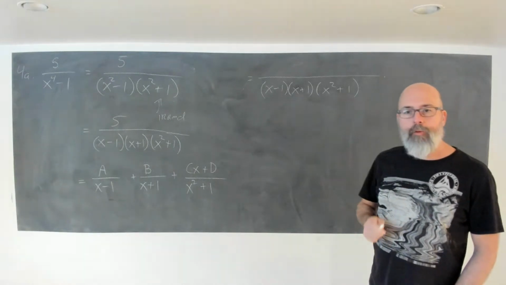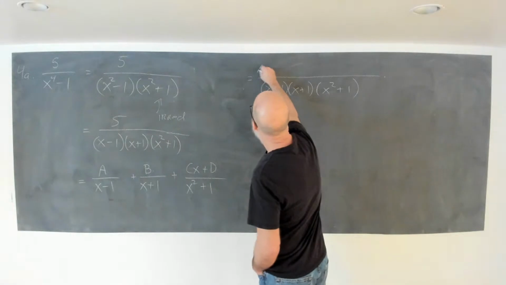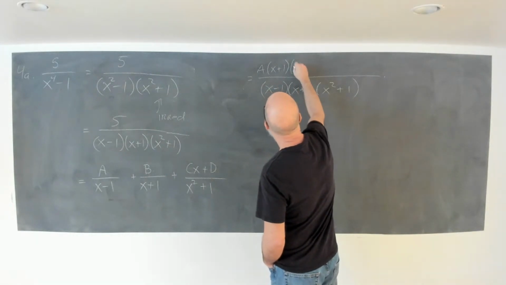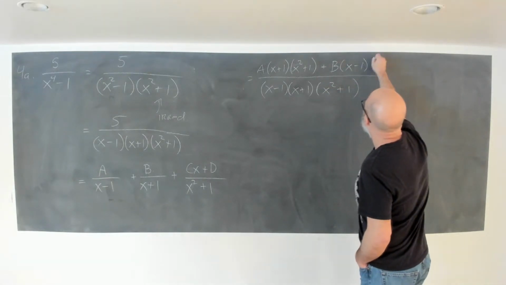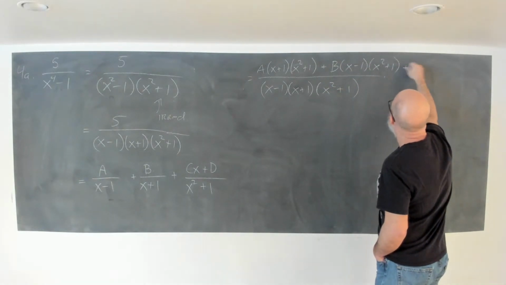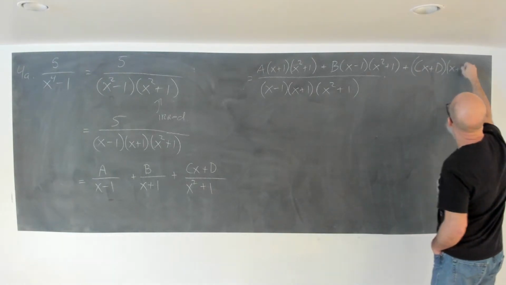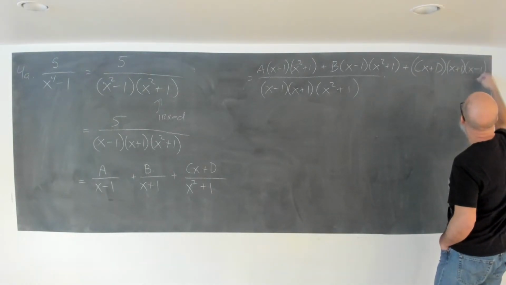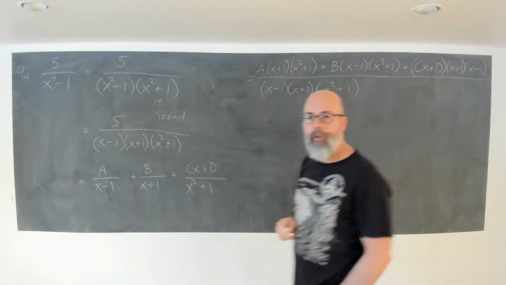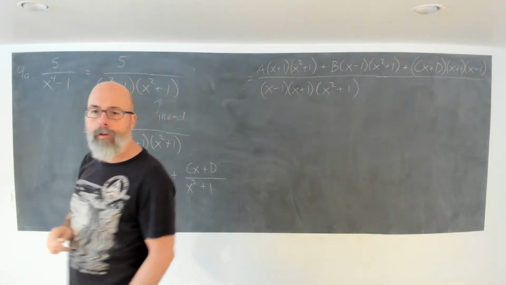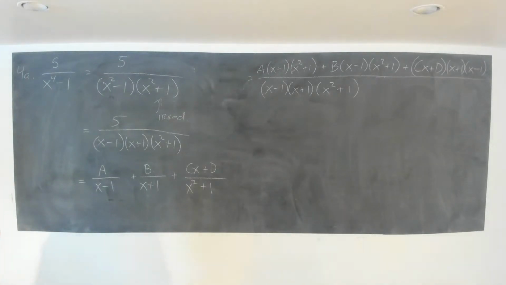Let's put everything back over a common denominator. A times x plus 1 times x squared plus 1. B times x minus 1, x squared plus 1. And cx plus d times x plus 1, x minus 1. I think we've answered that question.